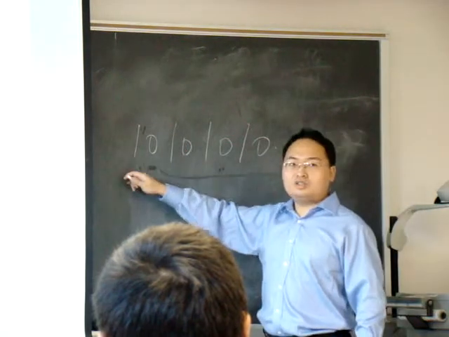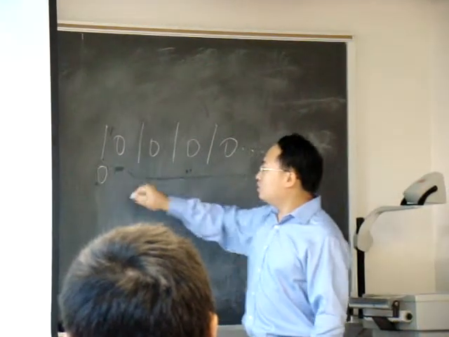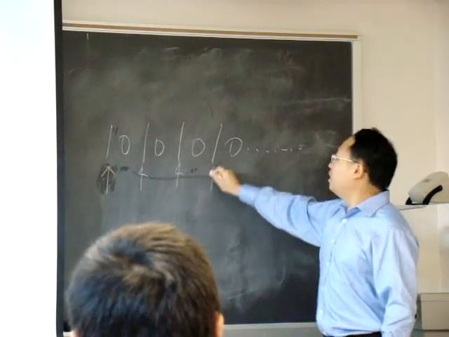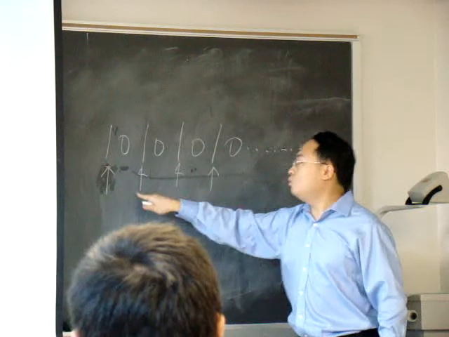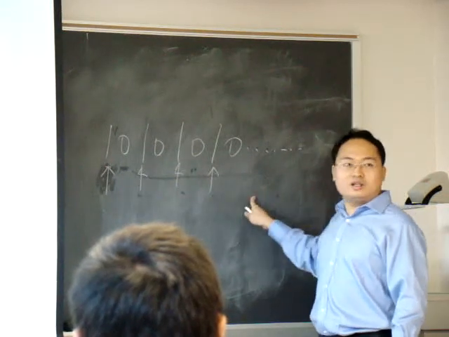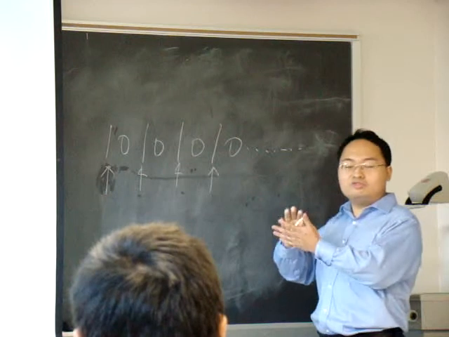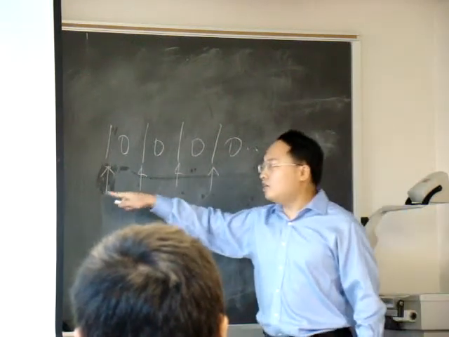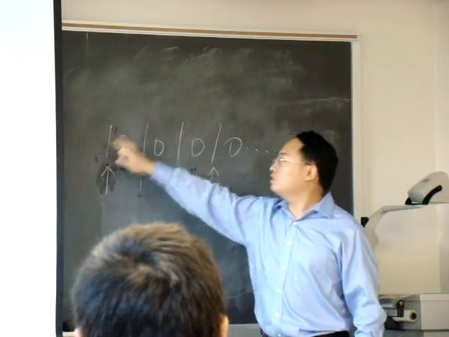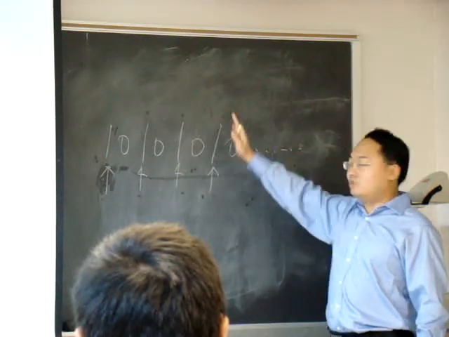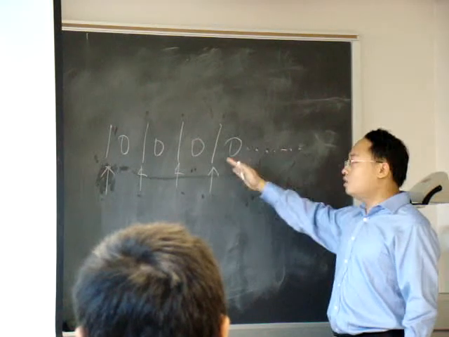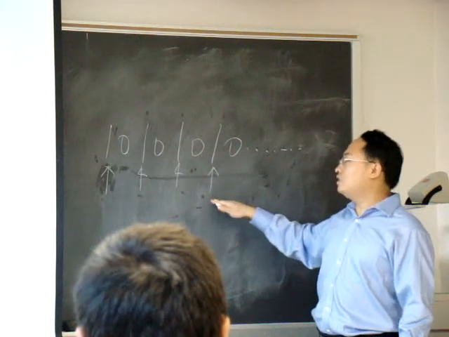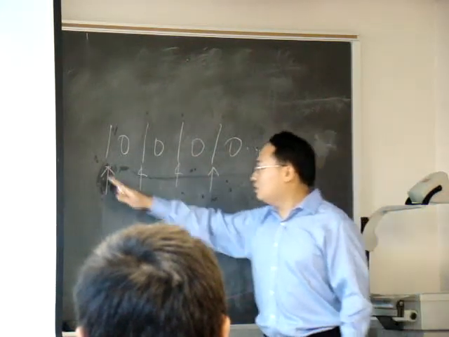For example, if I define a function to get every odd digit, then the result will be 1, 1, 1, 1, 1, and this will not satisfy the 50% ratio. Understand that? If I create a function to only get the first, third, fifth, and seventh digits, the result will be 100% ones. So that's why they said this is not random.